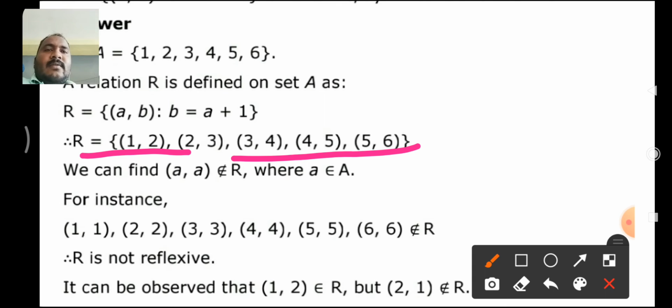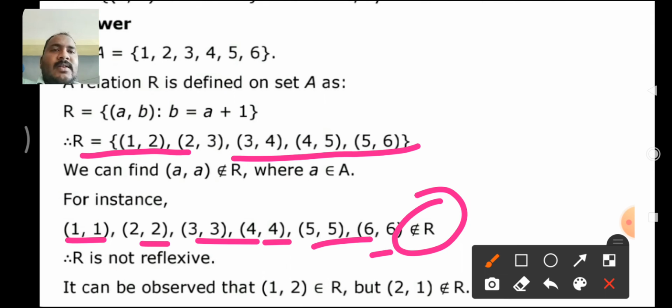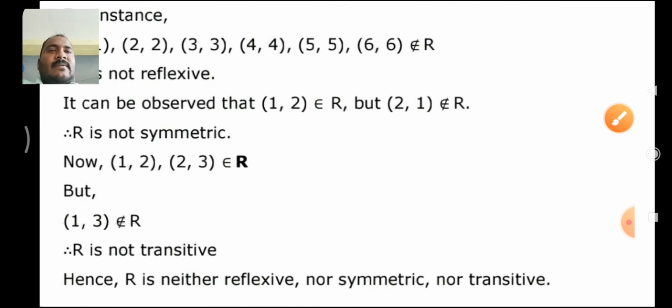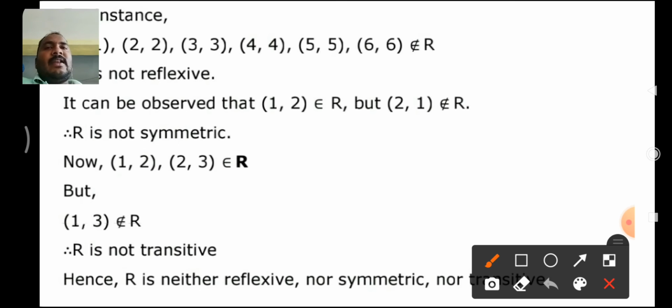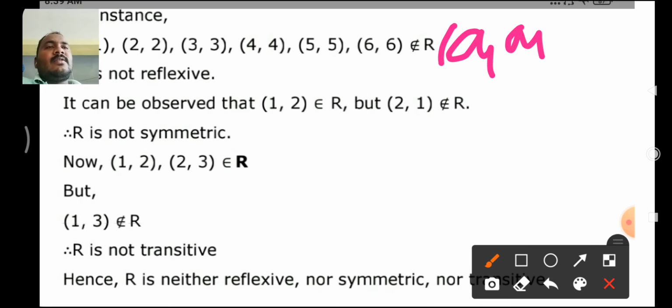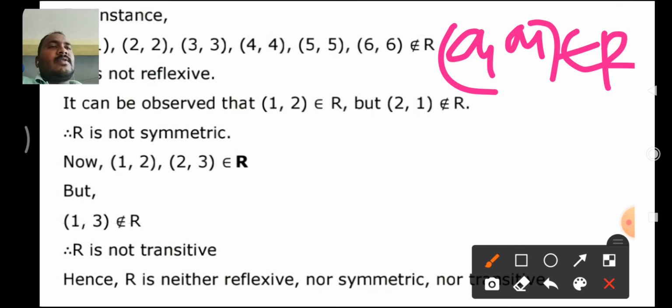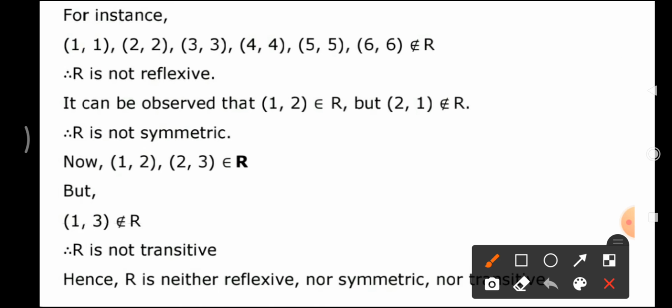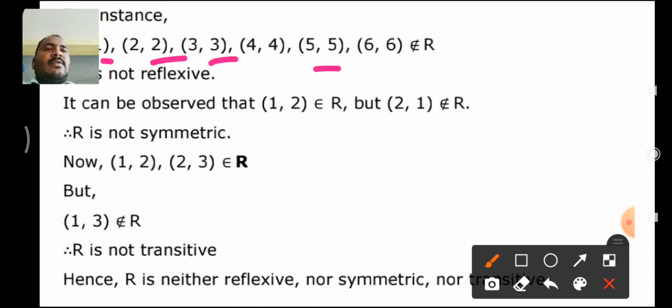Here (1,1), (2,2), (3,3), (4,4), (5,5), (6,6) do not belong to R, because of this R is not reflexive. Already we know the definition for reflexive: (a,a) belongs to R for all a belonging to the given set A. But here the ordered pairs (1,1), (2,2), (3,3), (4,4), (5,5) do not belong to R, because of this R is not reflexive.